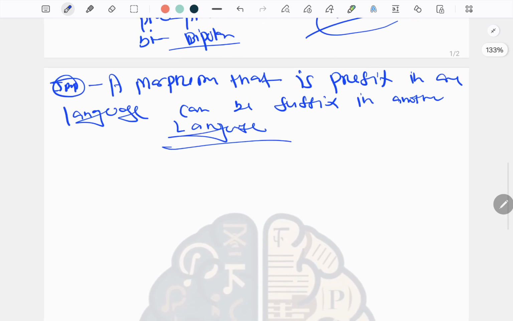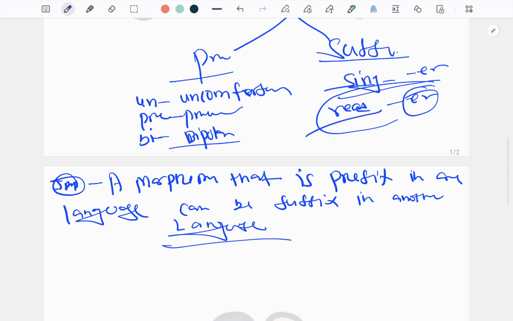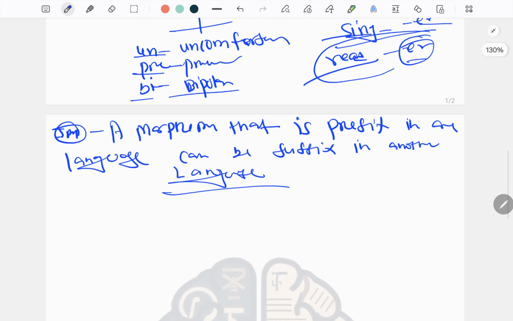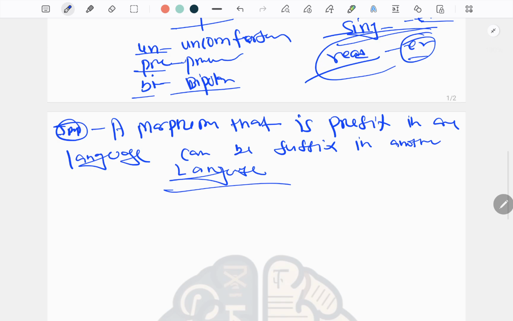So we must remember that, like we have already discussed, a morpheme such as un, pre, bi, or er that is a prefix or suffix in one language is not necessarily the same for all languages.